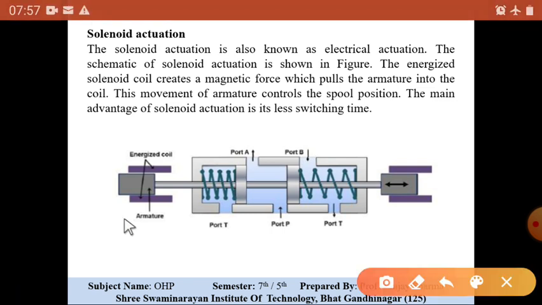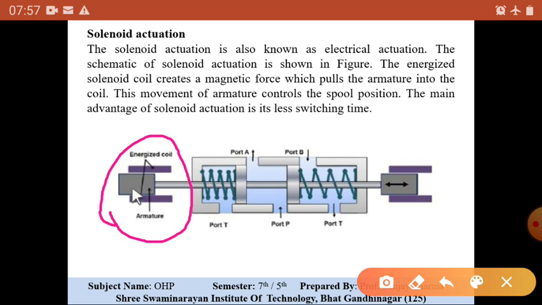You can see here, this is the solenoid, and this is the spool, or you can say the actuating valve. The electric coil is connected or surrounded with a plunger and a metal piece.